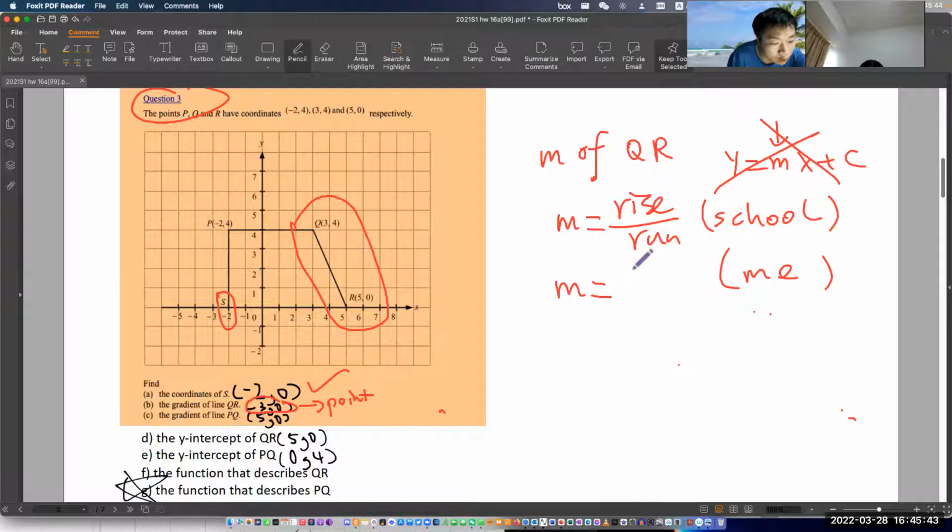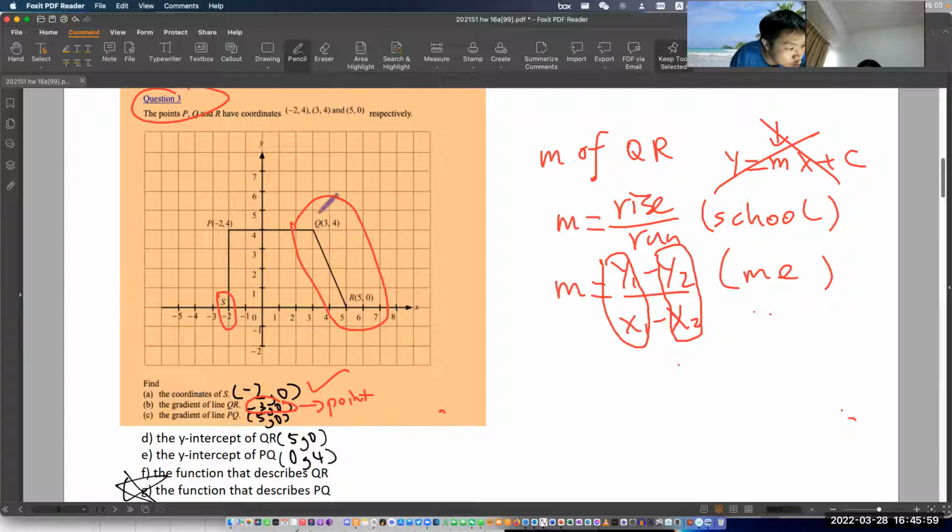So the formula for the gradient is y1 minus y2 over x1 minus x2. How do you memorize this? You just take one pair of x and y minus the second pair of x and y. That's the meaning of it. In this case, you write down this is your x1, y1, this is your x2, y2. Then you put in the values. Y1, 4.